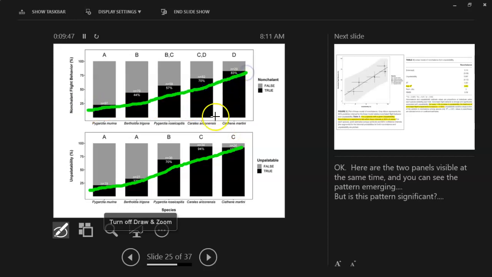And you might be thinking to yourself, and correctly so, wow, there seems to be a correlation there. But this particular display of the data isn't itself a correlation. This doesn't show us whether or not there's a significant rise in one variable as the other variable also rises. So for that, we need to turn to the next figure in the paper that we're going to focus on.